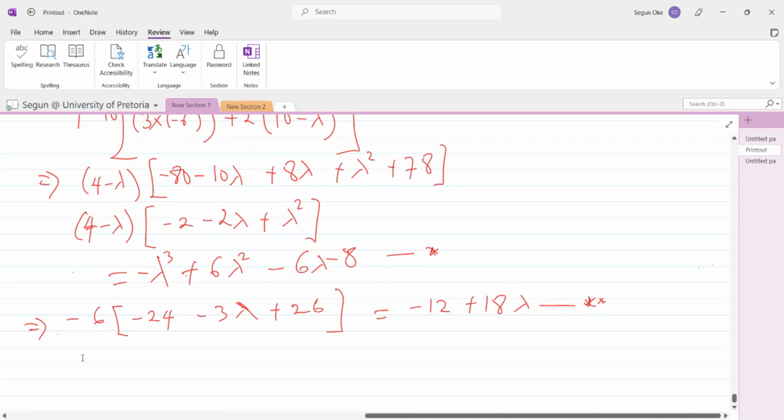Now, the last one will be, which is 10, minus 18 plus 20, which is going to be, at the end of the day, 20 minus 20 lambda.